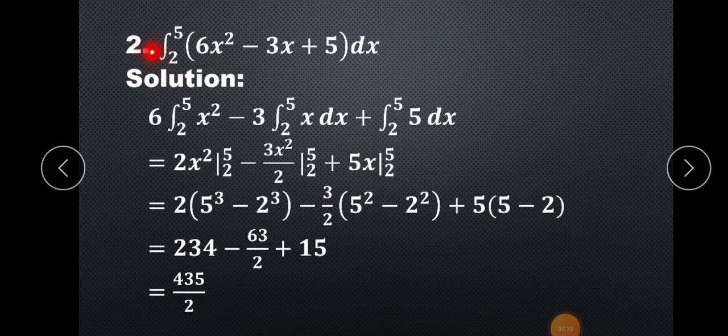Example number 2. The definite integral from 2 to 5 of 6x squared minus 3x plus 5 dx.